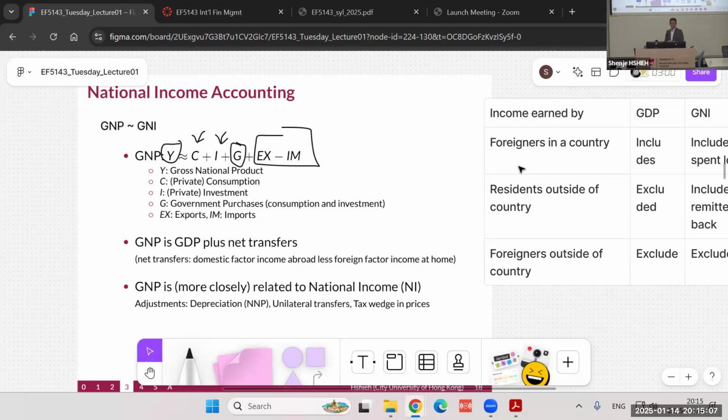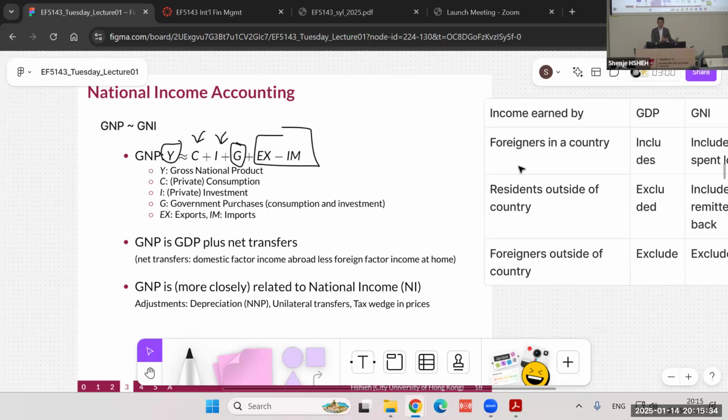EX minus IM is somewhat hard to grasp at this moment, but the way I explained it is you can think of it as savings abroad in terms of financial investments. EX minus IM should include investment returns abroad, which I'll explain later. But it can also represent lending and borrowing in terms of goods and services.